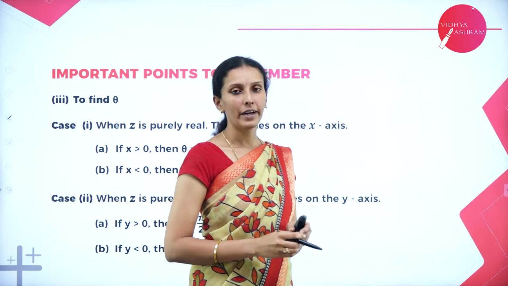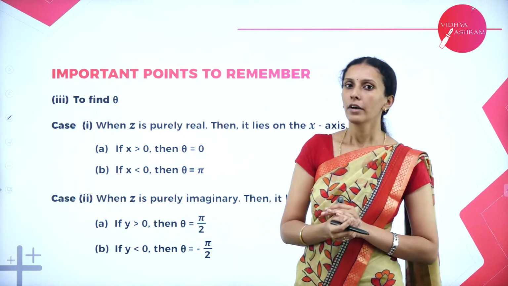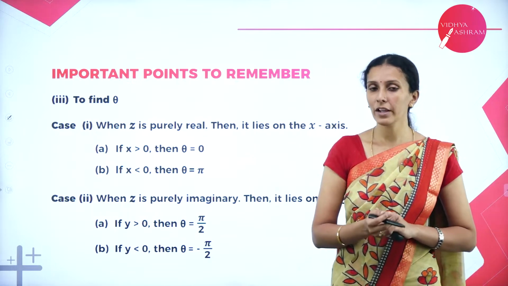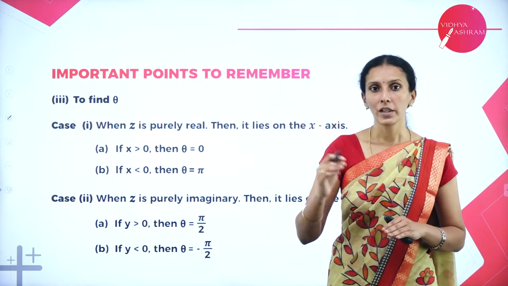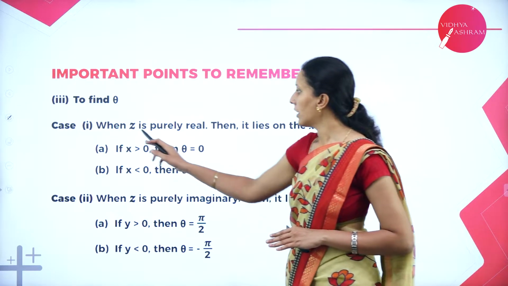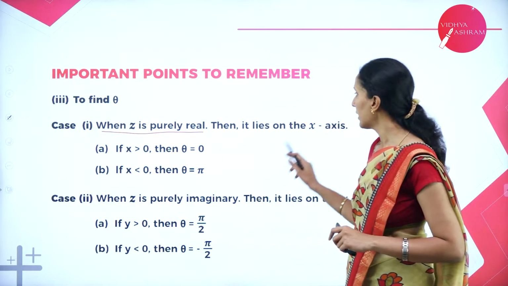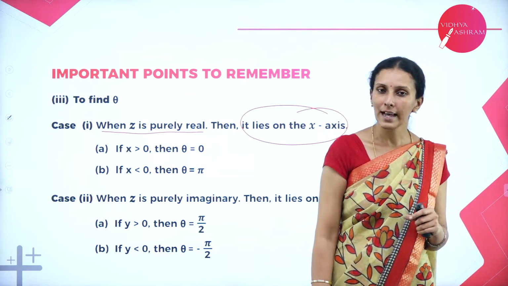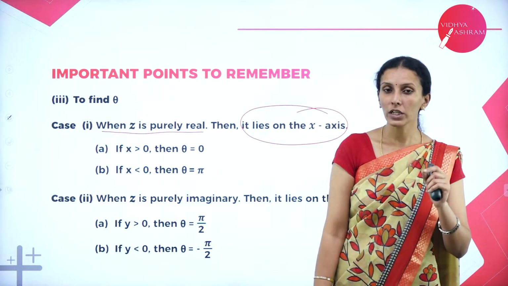Next, how to find theta? We have many types of complex numbers, that is, the purely real complex number. We say it is purely real when the imaginary part is 0. Whenever z is purely real, the point lies on the x-axis. On the x-axis, the y-coordinate is 0.